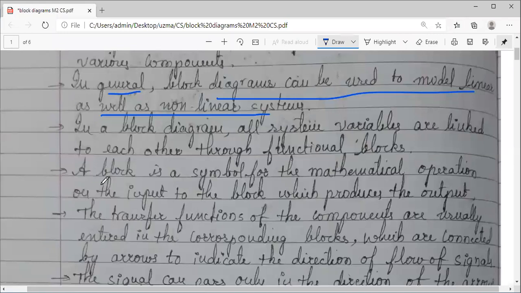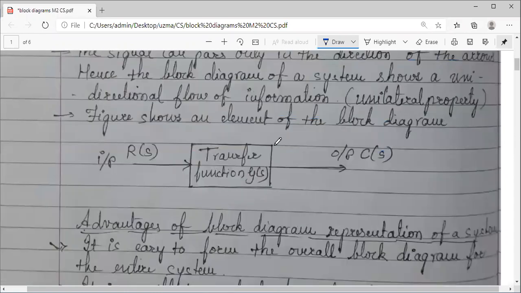Here we will use a block instead of the complete system. The complete function is represented in the form of a block. So a block is a symbol used for mathematical operation. This is a block where this indicates your mathematical operation. In general it is the transfer function, so we fill that box with the transfer function.